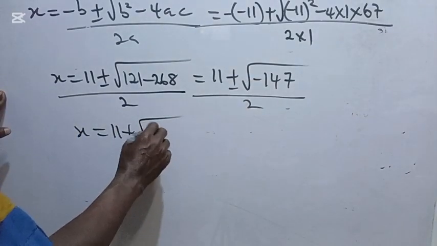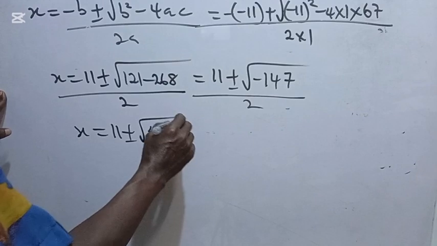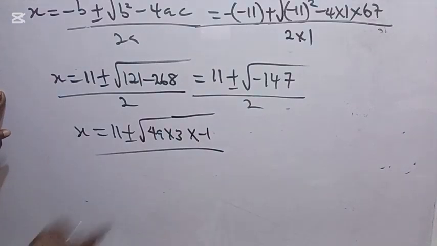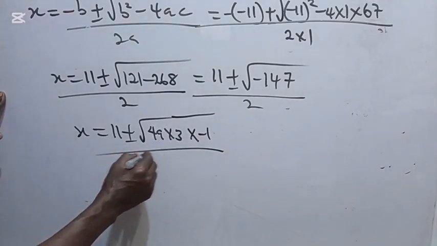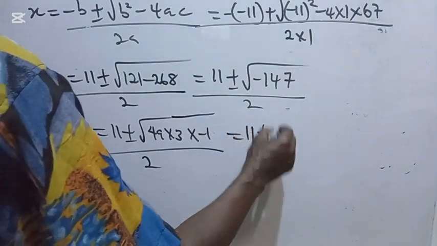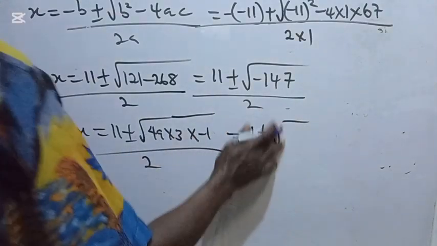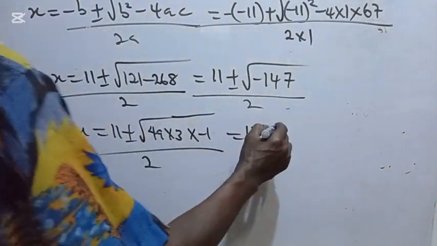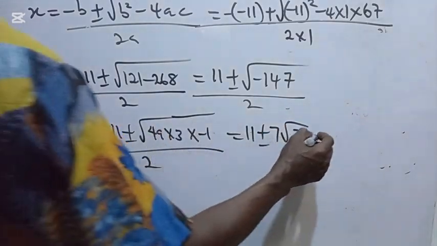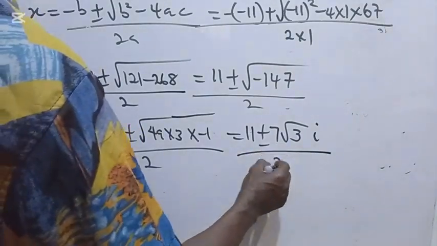See, 49 times 3 times minus 1, all over 2, which will be 11 plus or minus square root. Now the square root of 49 is 7, times root 3. The square root of minus 1 is i, all over 2.